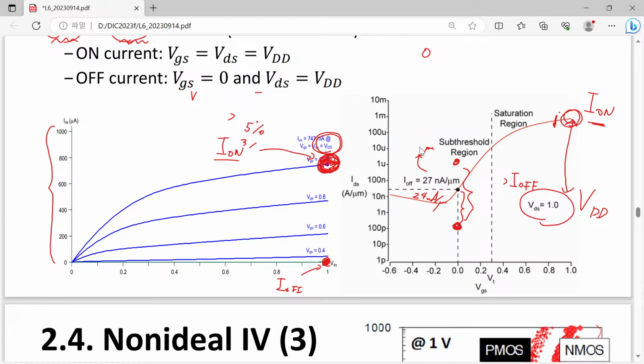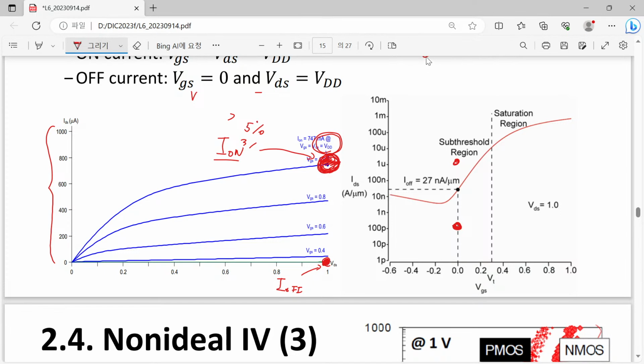But anyway, what I want to say is I_on and I_off are the two most important quantities to quantify our transistor's performance. I_on is related with the maximum current, and I_off is related with the undesirable current, the leakage current of our system.